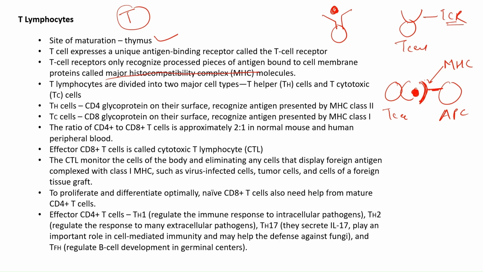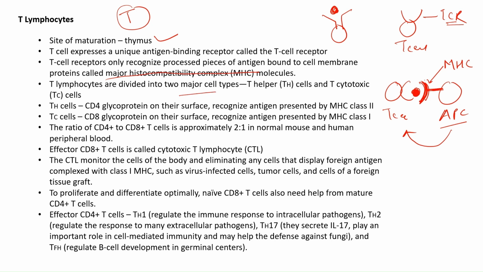So they will present the antigen to the T cell by binding with a receptor, and this receptor with which the antigen is bound, we call it MHC, major histocompatibility complex.